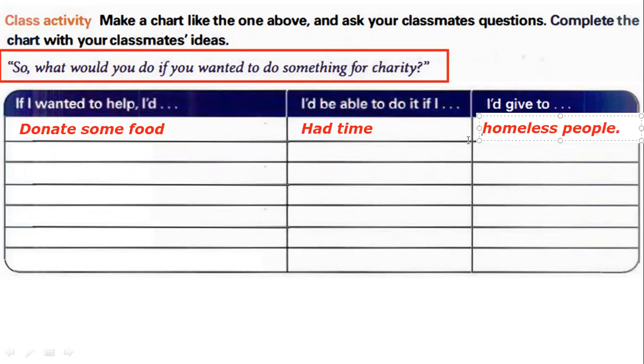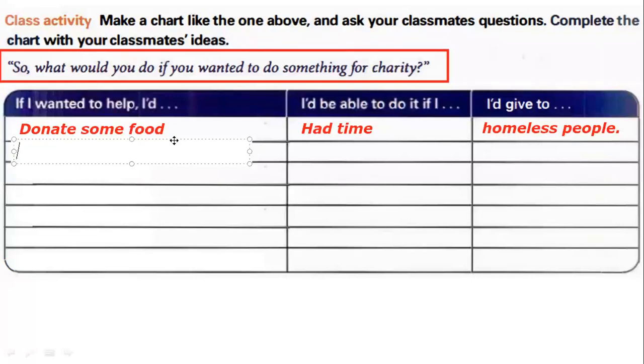Very good. Okay. We have time for another example. Another example. Nobody? If I wanted to help, if I told you, you need to donate a basic basket? I wrote an incomplete sentence.